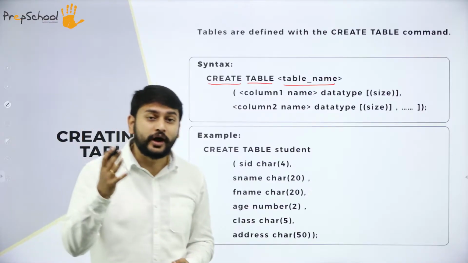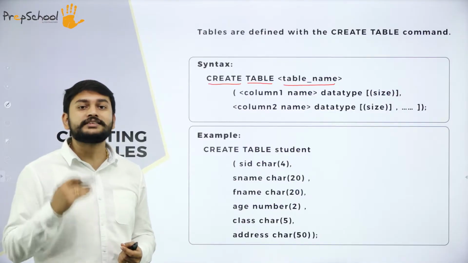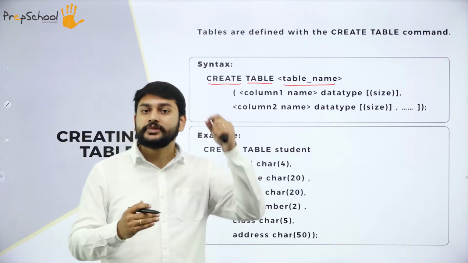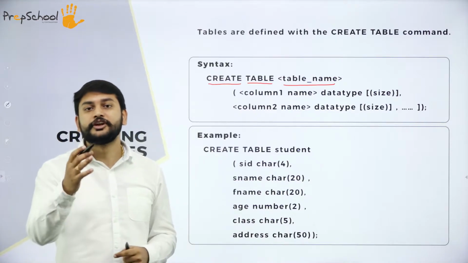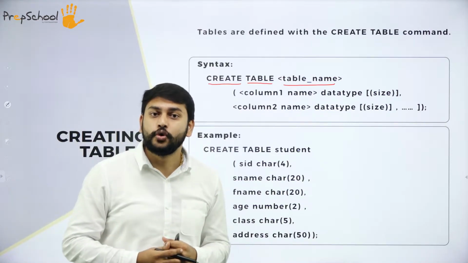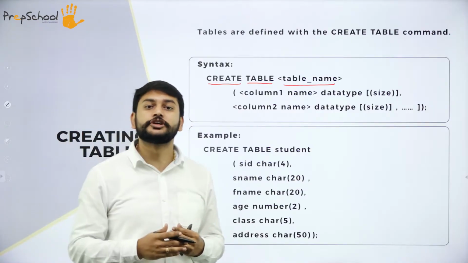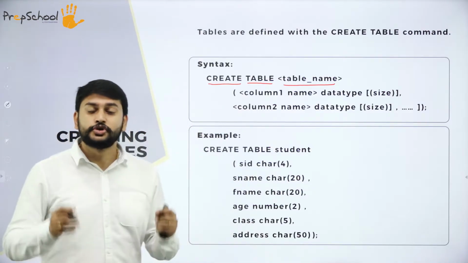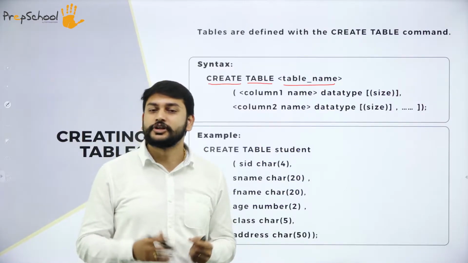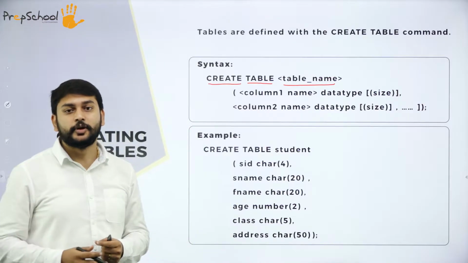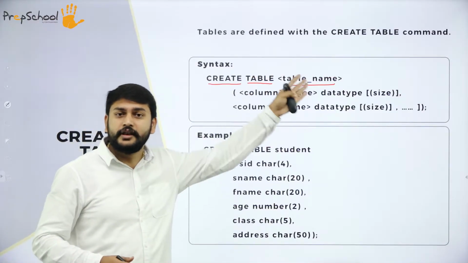Whenever you are selecting a name, please be wise enough to select it. The second point that you should remember with respect to the name is that you should satisfy all the rules with respect to the identifier. So that is one of the things that you should keep in your mind. Fine, I have used create and table, then the table name.